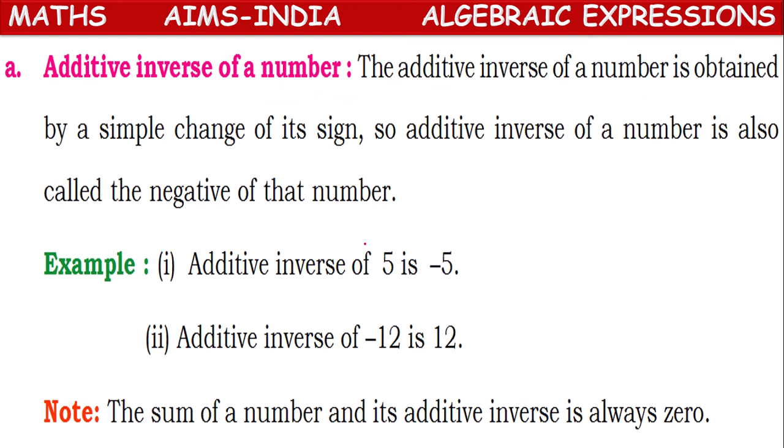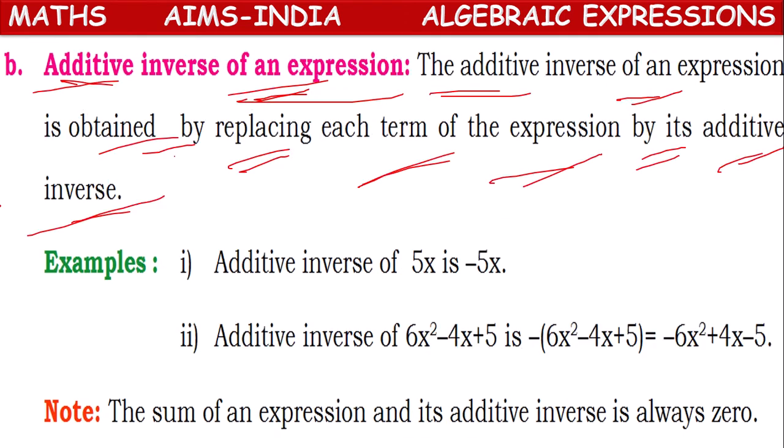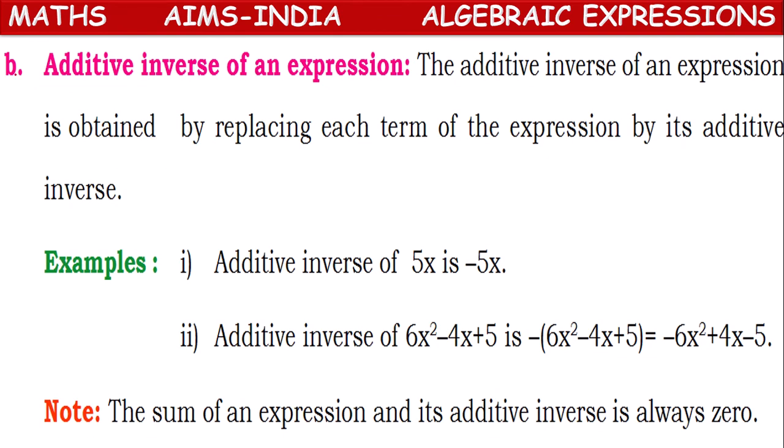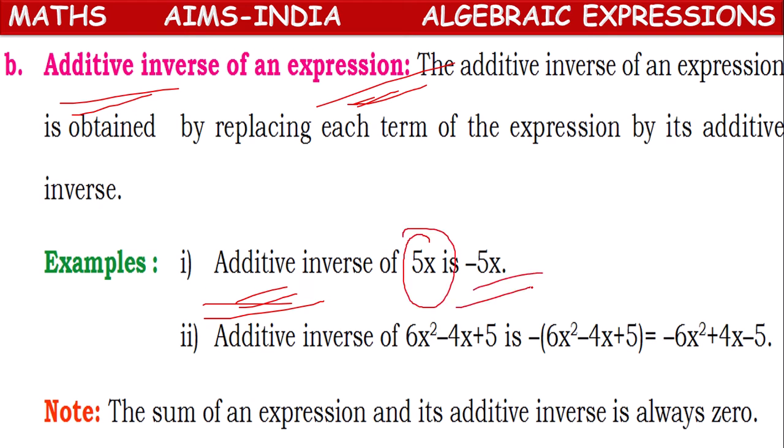So here, for one number, we have calculated the additive inverse. Suppose you want to calculate the additive inverse of a whole expression, then how to calculate? For the total expression, the sign is to be changed. So 5x will become minus 5x.